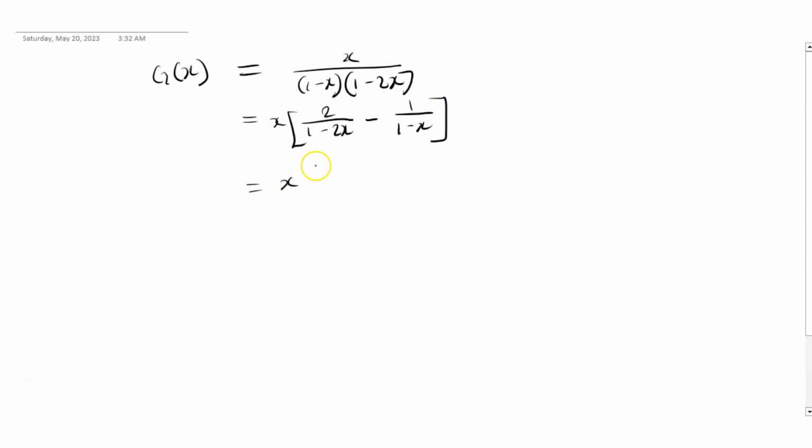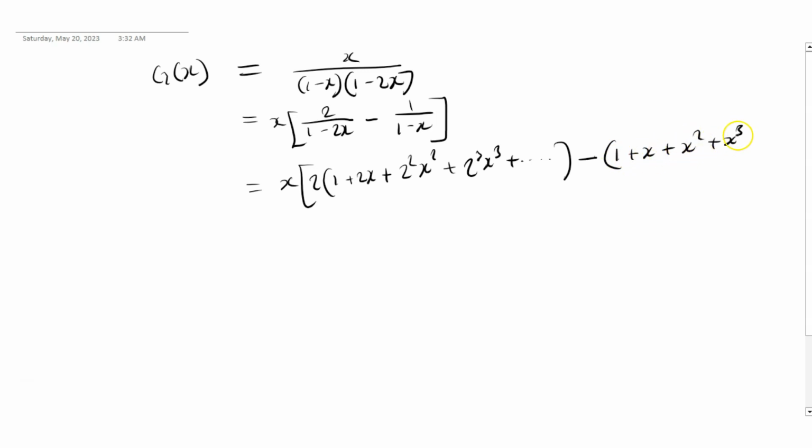Then we have x times 2 multiplying 1 plus 2x plus 2 squared x squared plus 2 cubed x cubed up until infinity, and then we are subtracting 1 plus x plus x squared plus x cubed up until infinity.